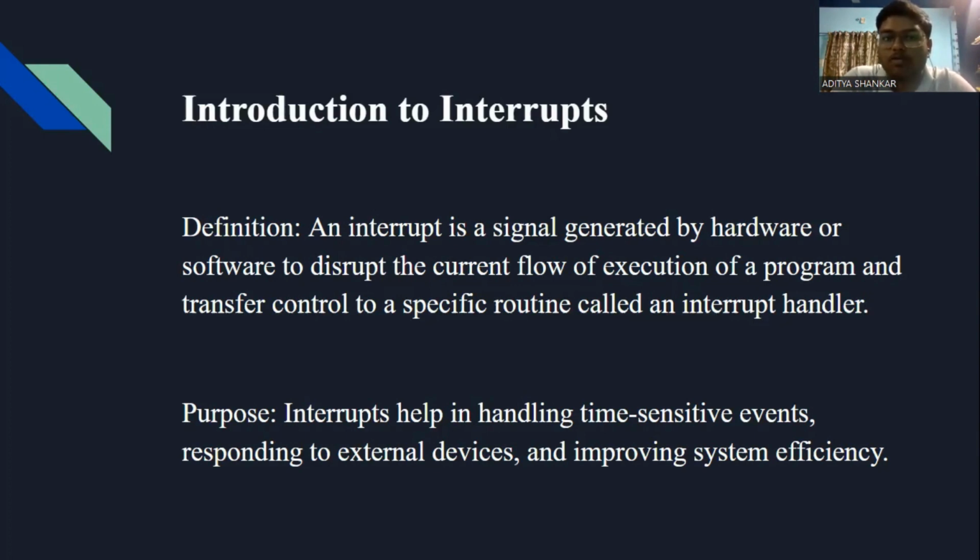What are interrupts needed for? Interrupts help in handling time-sensitive events, responding to external devices and improving system efficiency. The most important feature of interrupts is that they make the operating system responsive. If the operating system is doing something and we want it to do something else, and we have to wait till the first task is executed, it is very time consuming.